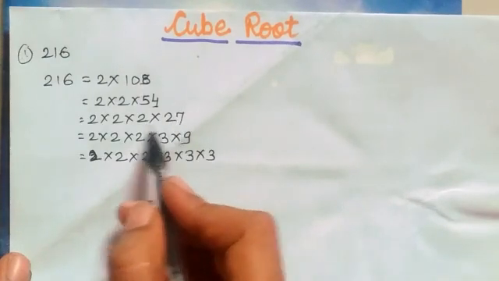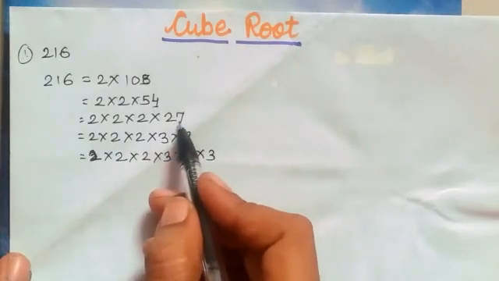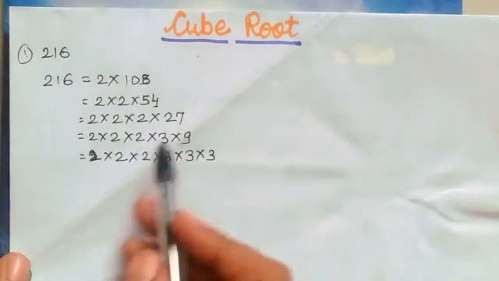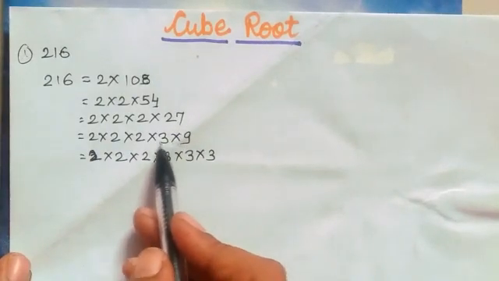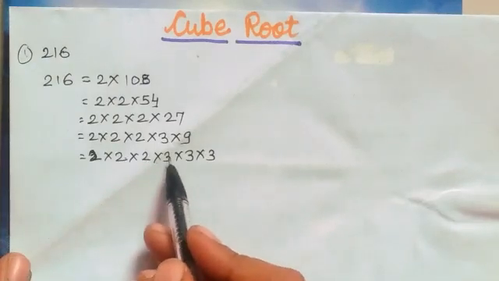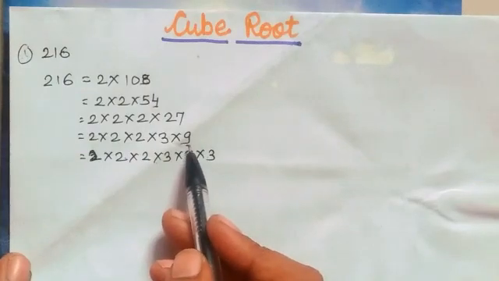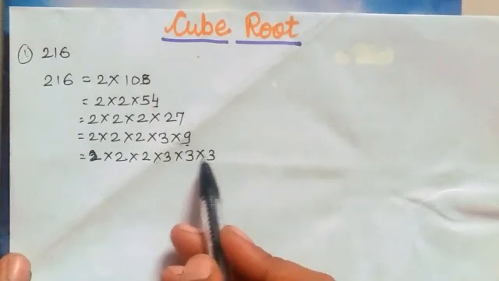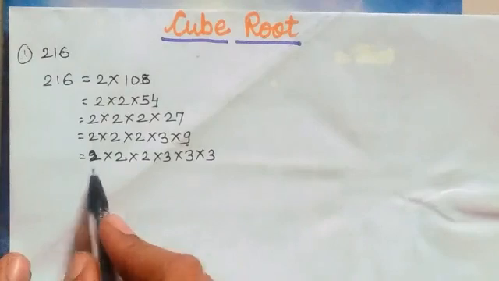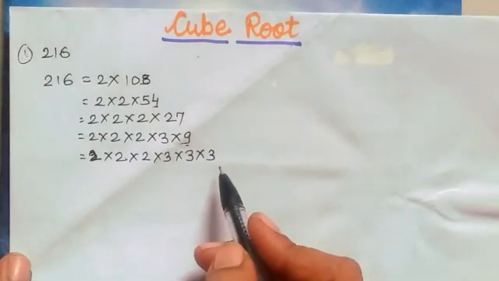Now 27, we can use the test of divisibility of 3 here. So 3 into 9. Again these numbers we are going to repeat here: 2 into 2 into 2 into 3. Now this 9 can be factorized into 3 3s are 9. So these are our prime factors which we get from the method of factorization.